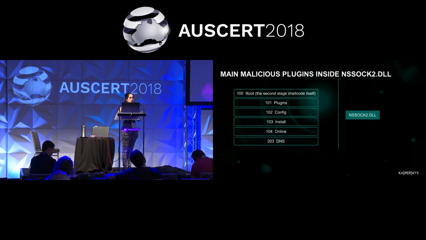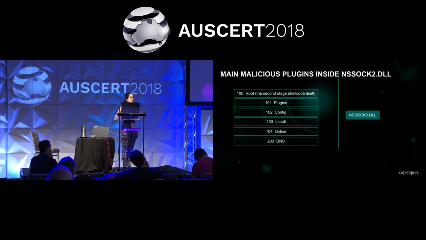There was one plugin called plugins, whose responsibility was to install new plugins on the system. What it does is look for new plugins on the disk, in the special part of the system that the malware downloads new plugins to, and if there is a new plugin, it would initialize the plugin and install it on the system. There was another plugin which was called config.